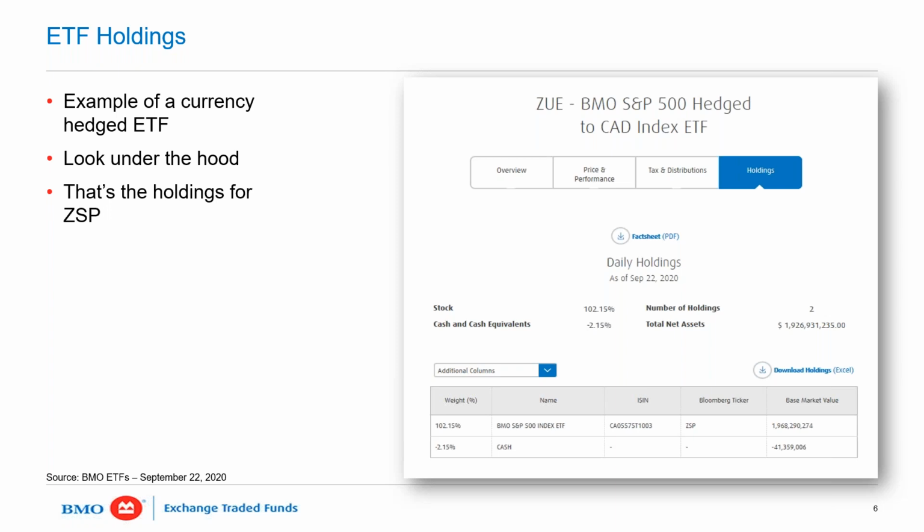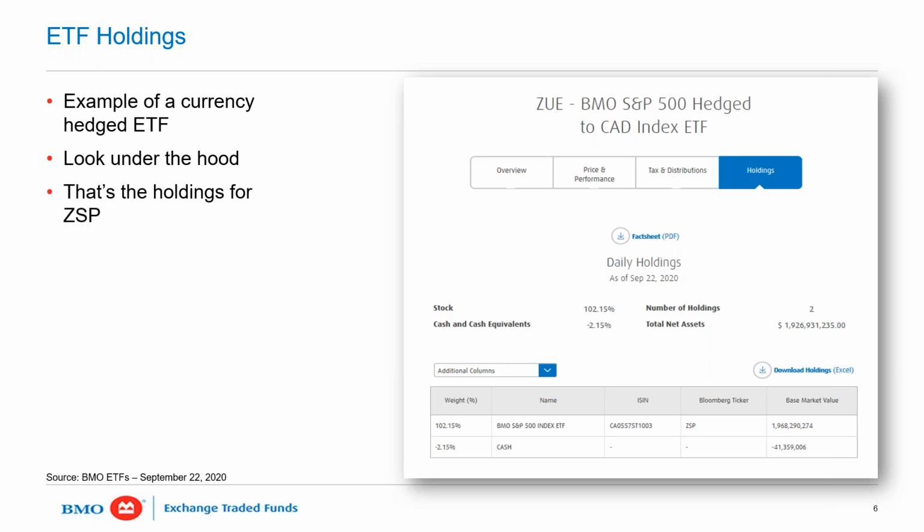And this is an example you brought up about one of our ETFs that holds another ETF. Walk us through that. Yeah, so in the last slide, I showed an example of ZSP, which provides exposure to the S&P 500. And in this example, I included a screenshot of ZUE, which is the hedged version of the ETF.